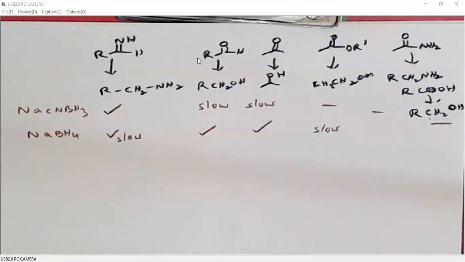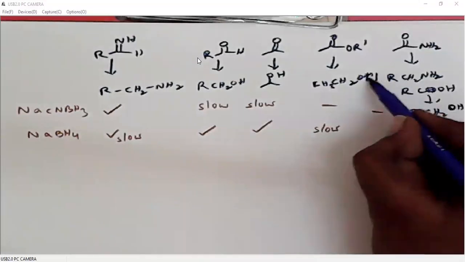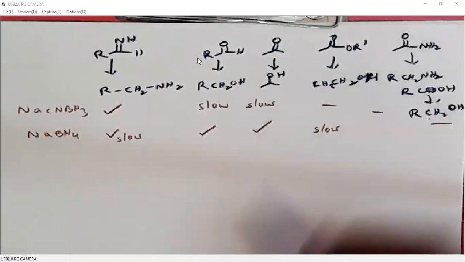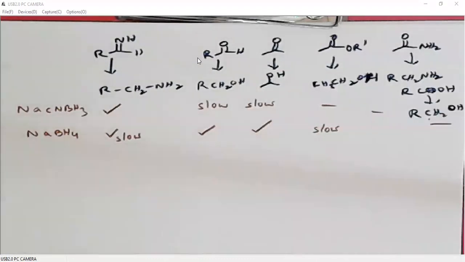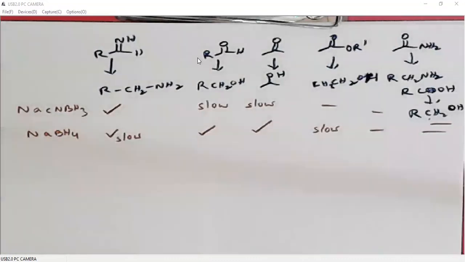Esters can also be reduced to alcohol, but it is very, very slow, so we don't use sodium borohydride for ester reduction. Amide is not possible. Carboxylic acid also will not be reduced with sodium borohydride.